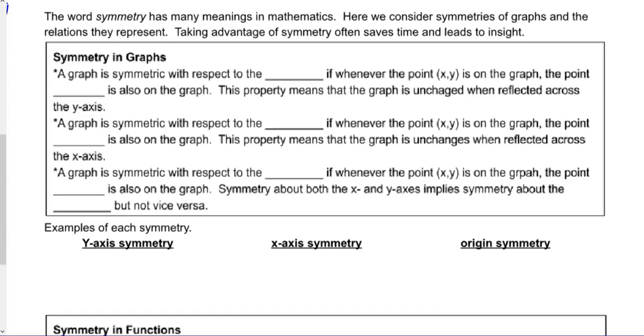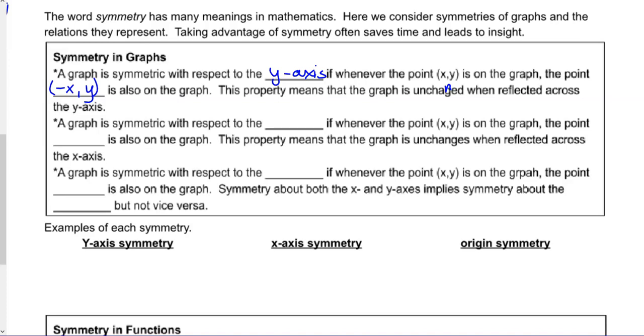Now, a graph is symmetric with respect to the y-axis if, whenever the point x, y is on the graph, then the point negative x, y is also on that graph. And this property means that the graph is unchanged when reflected across the y-axis.